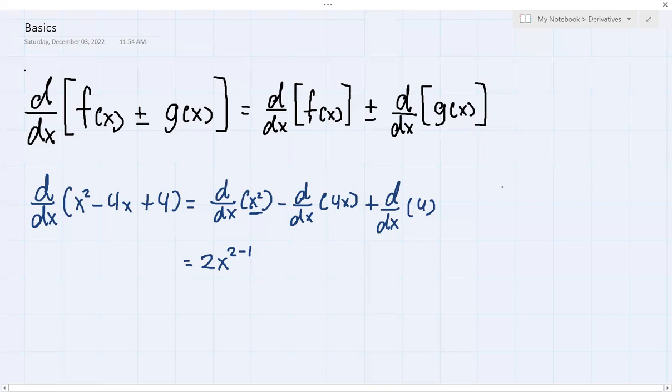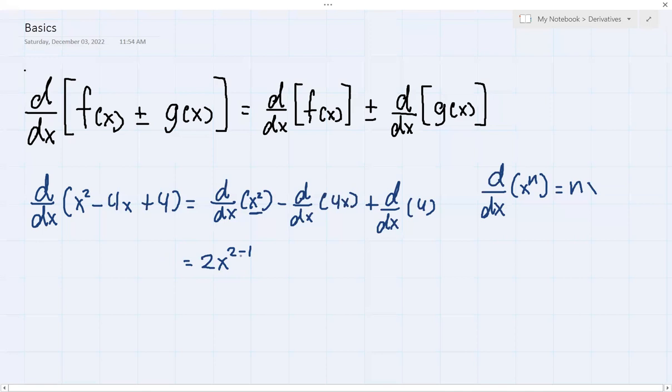Okay? So, remember, ang derivative ng x raised to n is equal to n times x raised to n minus 1. Okay? So, ito yung ginawa natin. So, 2 minus 1 is, ano, 1.